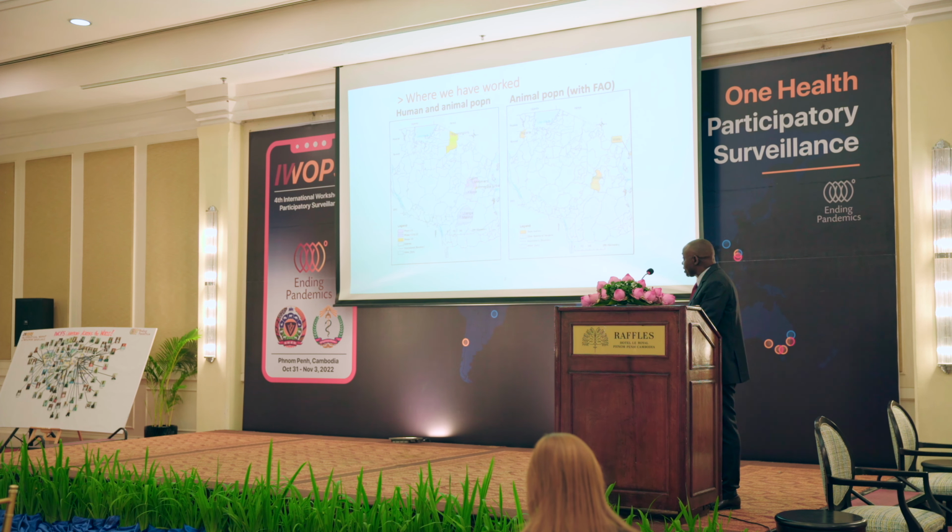We have worked in different areas. The map on your left indicates where we are using smartphones, and the one on the right where we use feature phones, exploiting USSD technologies, collecting information from different geographical regions within Tanzania.